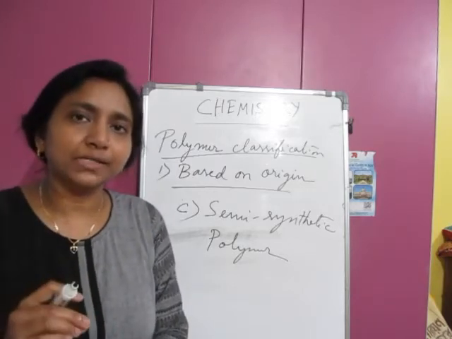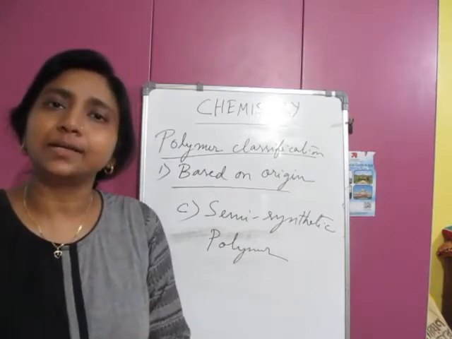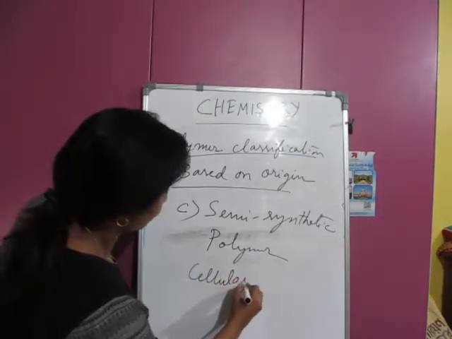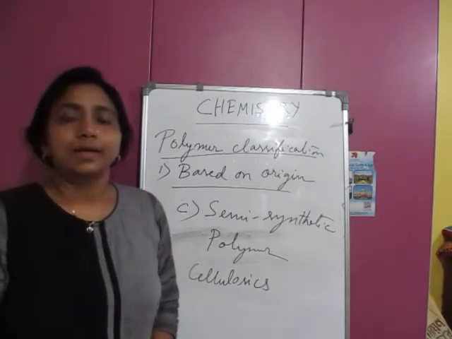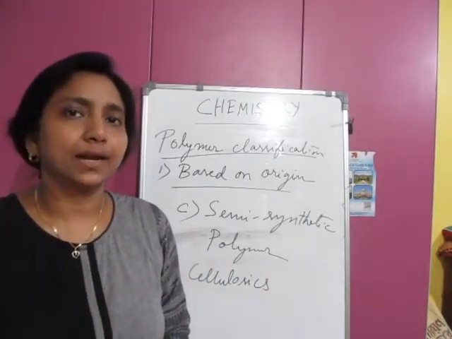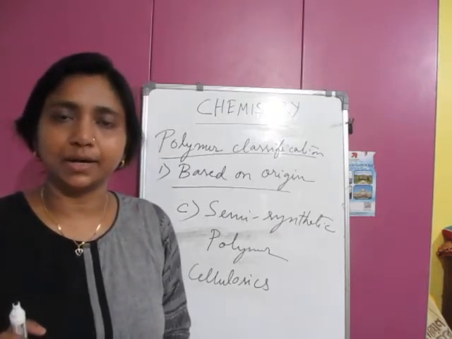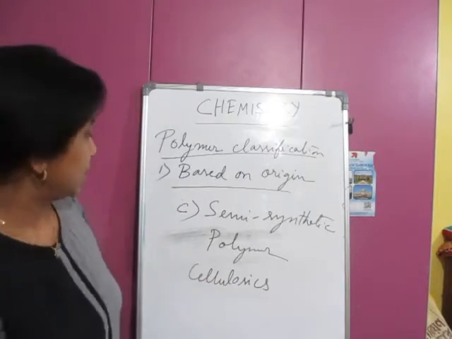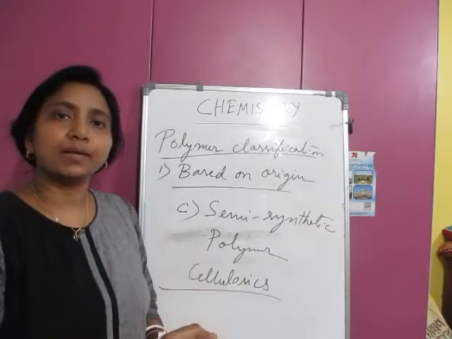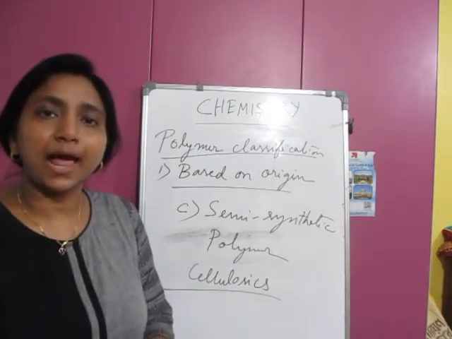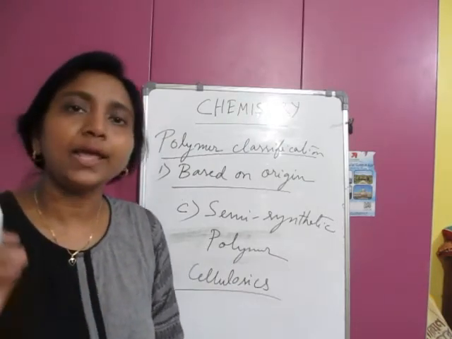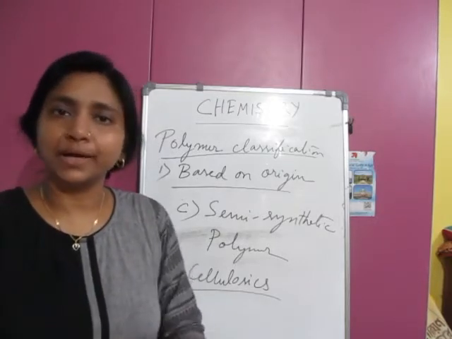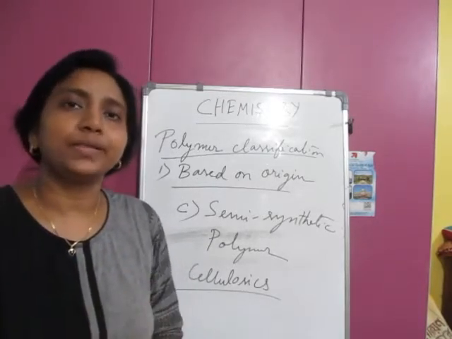Semi-synthetic polymers means the modified form of the natural polymer. For example, cellulosics. Another example is hydrogenated natural rubber, halogenated natural rubber, etc. Natural rubber is a natural polymer, and we get the latex. If we modify this polymer by adding hydrogen or halogens, that is the hydrogenated or halogenated polymer. So these are called semi-synthetic polymers. Not completely synthetic, it is the modified form of the natural polymer.